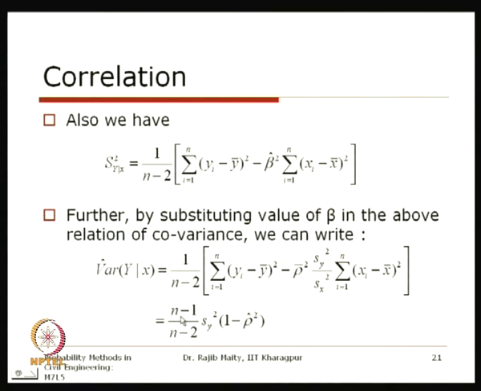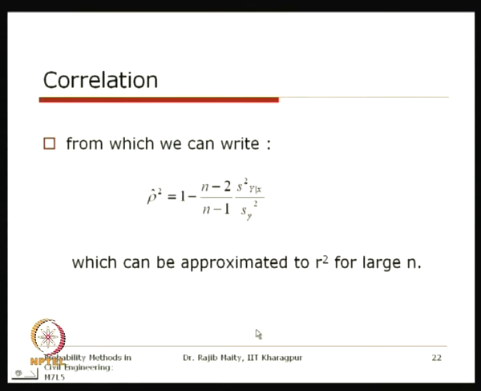Now, if we say that n is very large, that means a large number of observations is available, then this quantity can be equated to unity, and the conditional variance will be equal to s_y square into 1 minus rho hat square.